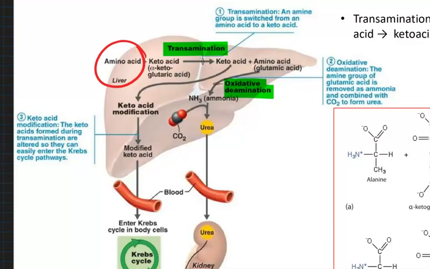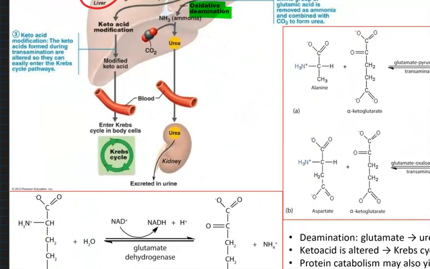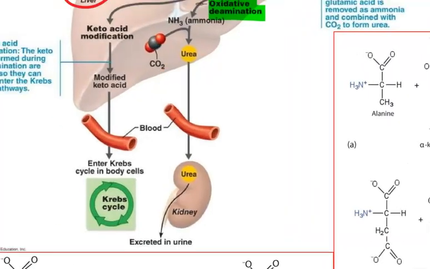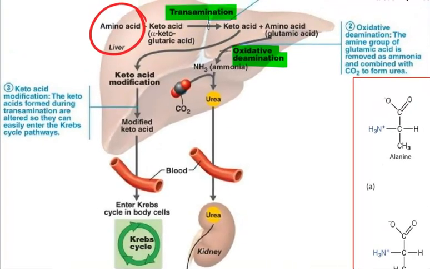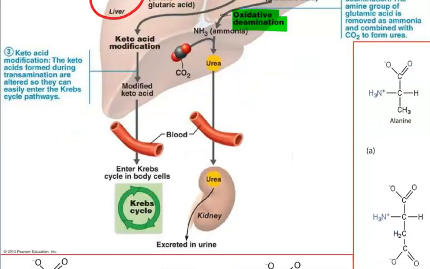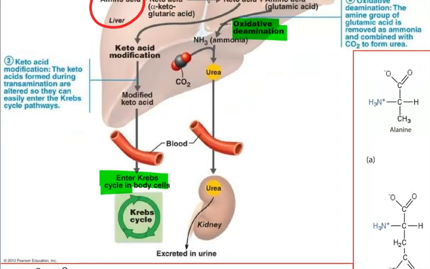Okay? The products of these processes can end up in the Krebs cycle, or they can become pyruvate.